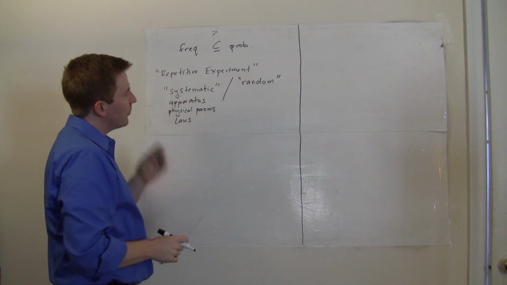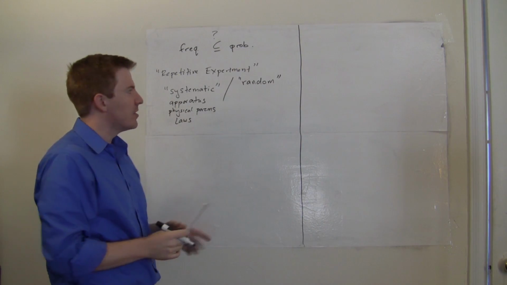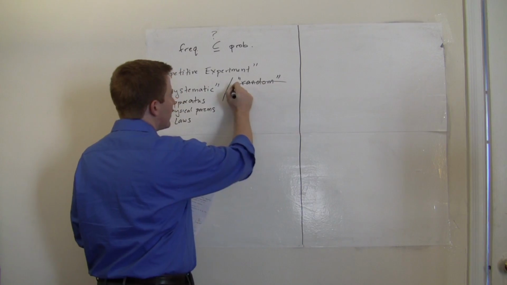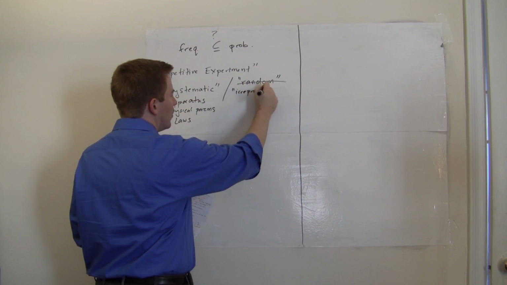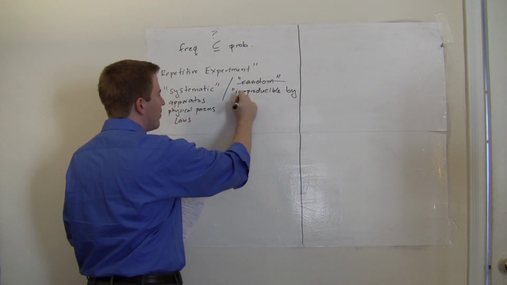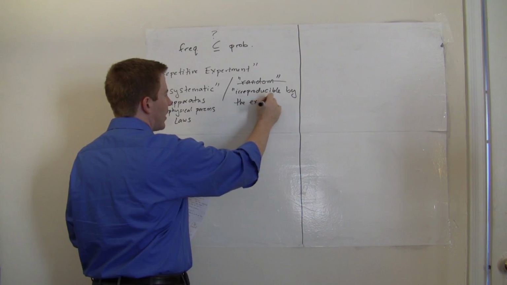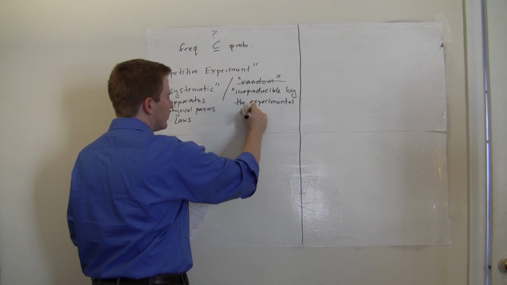quantities. But Jaynes actually, I think, has a better terminology for this. He calls them the things that are irreproducible, and specifically irreproducible by the experimental technique that we are using.